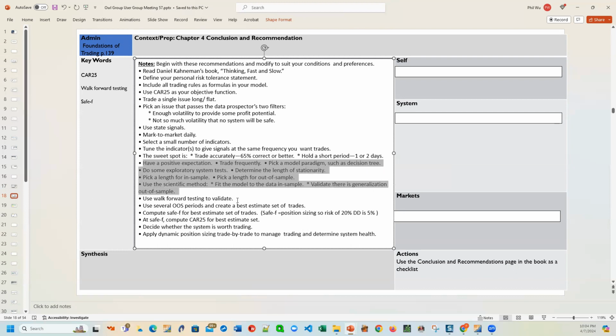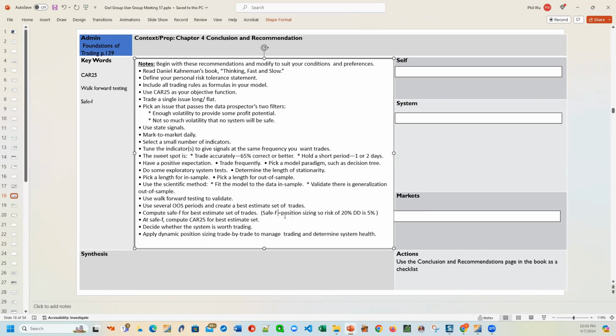Okay, so then I have something on the walk forward testing, just to seed the thought, and then we can discuss it and do more of this type of back testing. Walk forward, and then use safe F for position sizing.